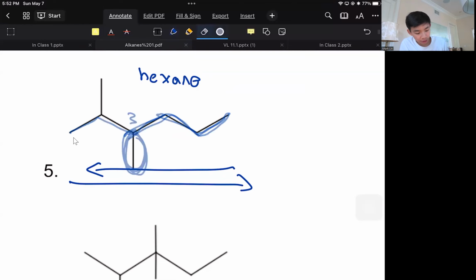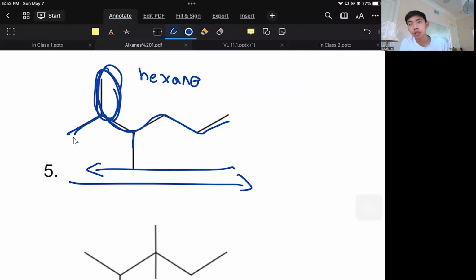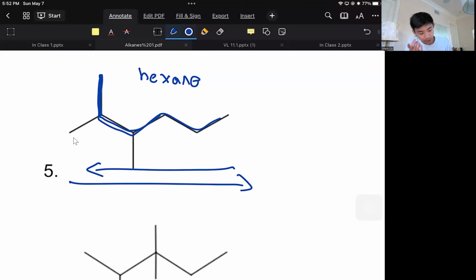However, if we go from the other side, one, two, three, four, five, our first branch is going to be at two. So you want the smaller number. And you might be asking, oh Mark, why can't you also do this side too? You can, it's the same thing. Either way, it's going to do the same thing.